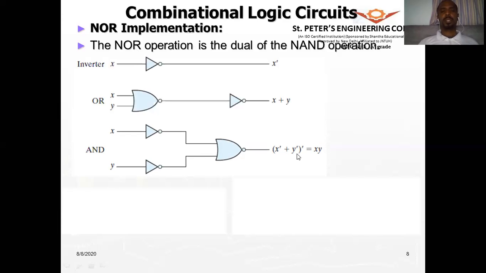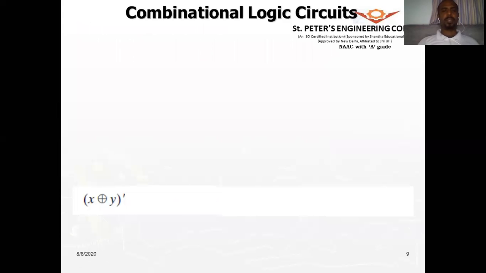So you can see here they are duals of each other, so that means you complement that, you will get the result. So just like how we can use multi input NAND gates, here NOR gates also we can use with multi inputs and realize the functions.